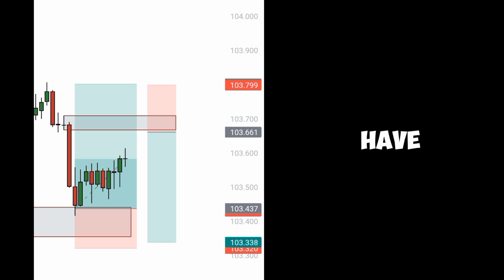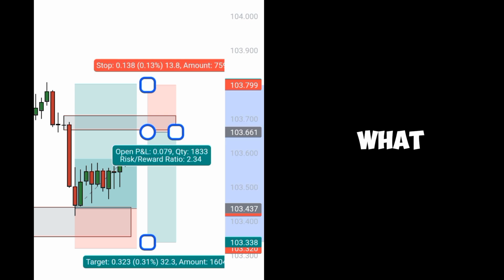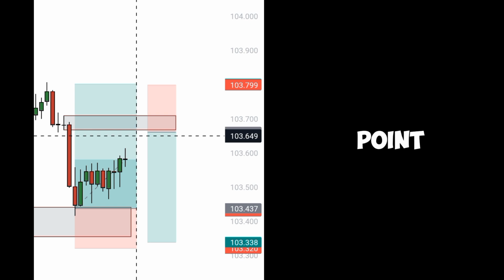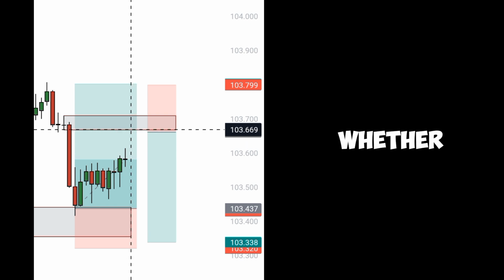Now you have to have a flexible mindset. What happens when the market gets to this point? That is what determines whether or not you should hold on to the trade or excuse yourself out of that trade.